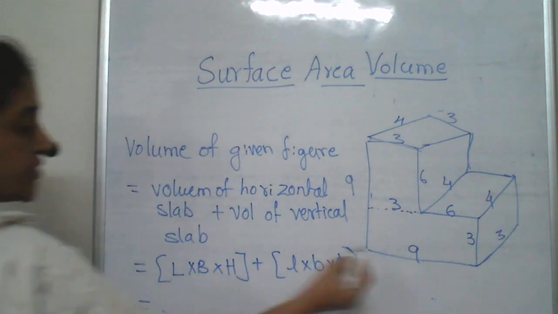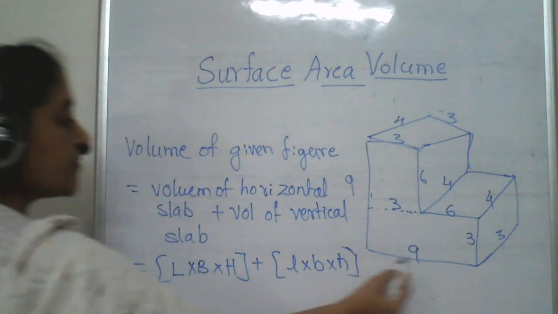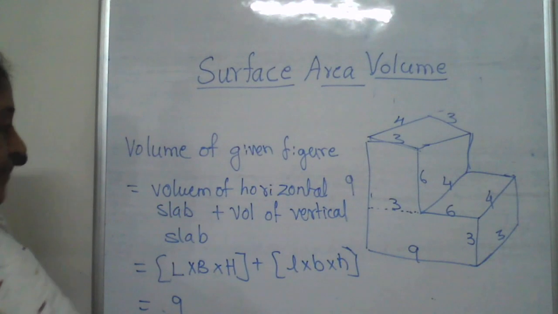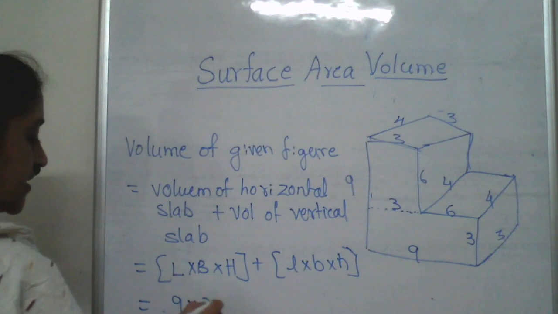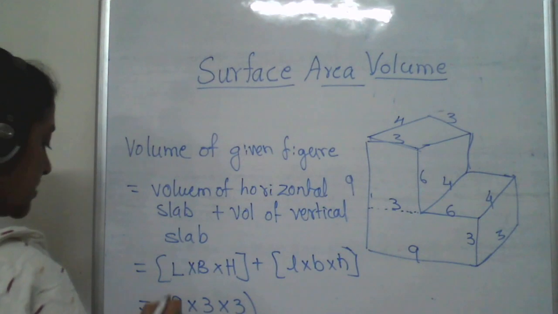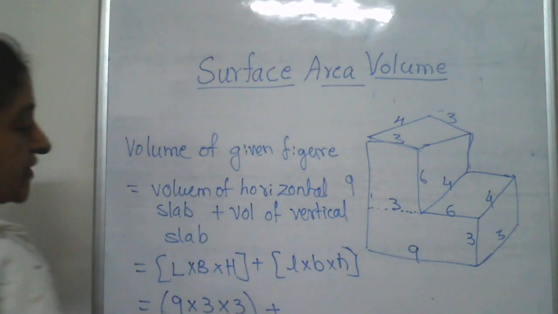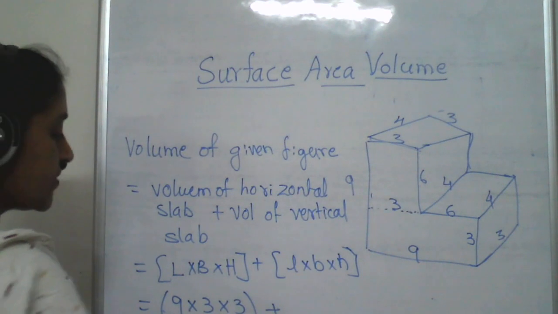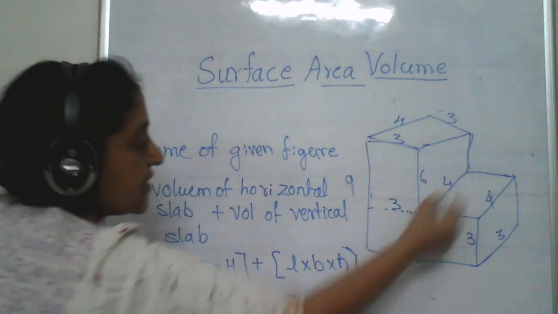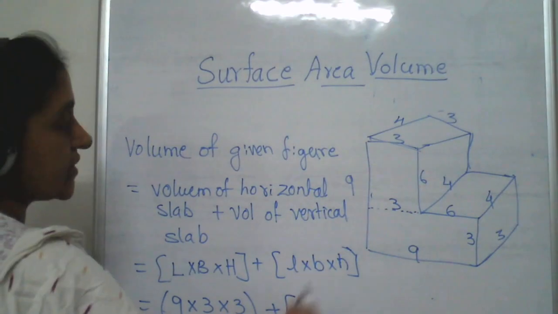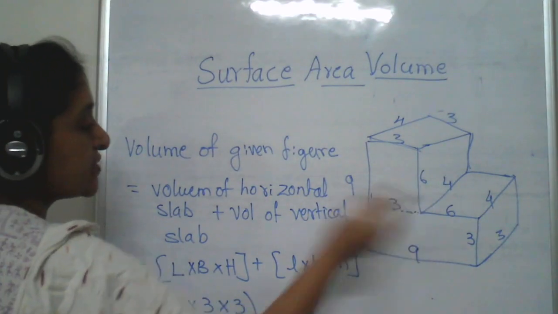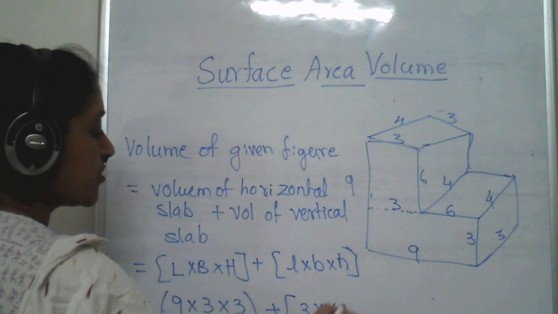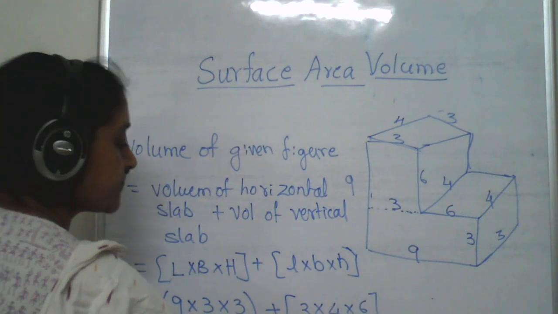Now in the horizontal slab, 9 centimeter is the length, breadth is 3, height is also 3, plus you have the length, breadth and height of the vertical slab. The length of the vertical slab is 3, breadth is 4, height is 6.